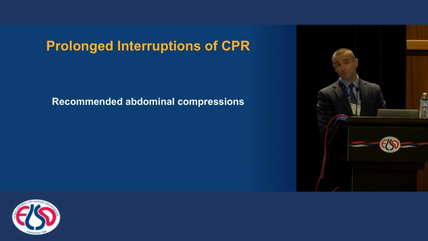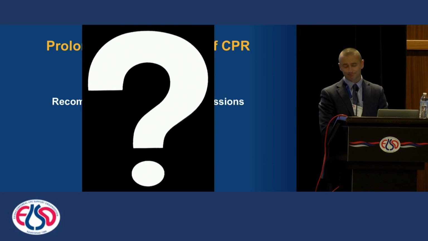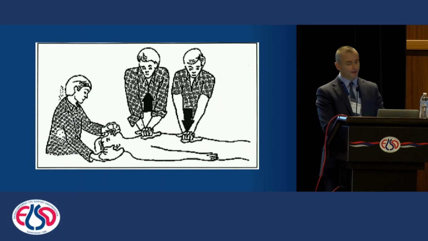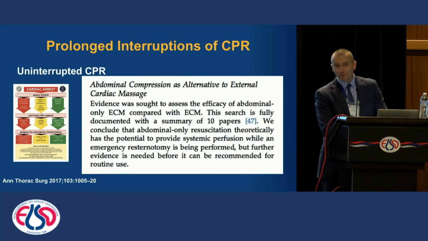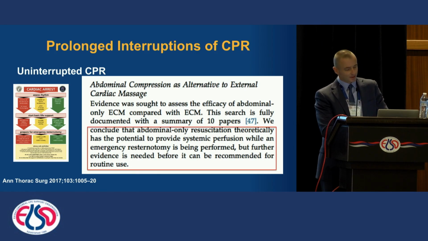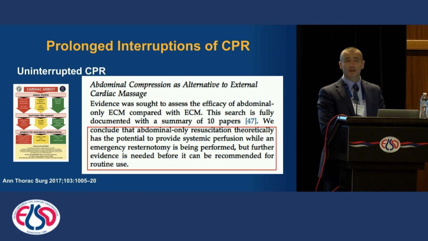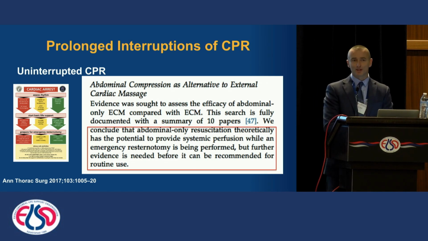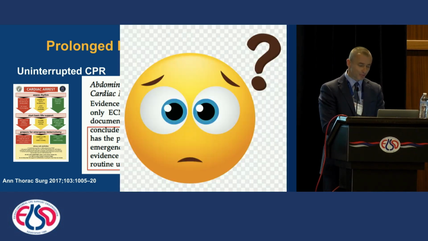So the group proposed abdominal compressions in the meantime. I'm assuming that this is what this would look like. After reviewing the available data at that time, which was 2017, they concluded that abdominal-only resuscitation theoretically has the potential to provide systemic perfusion while the emergent sternotomy is being performed.